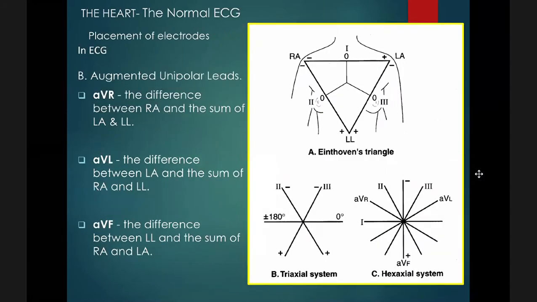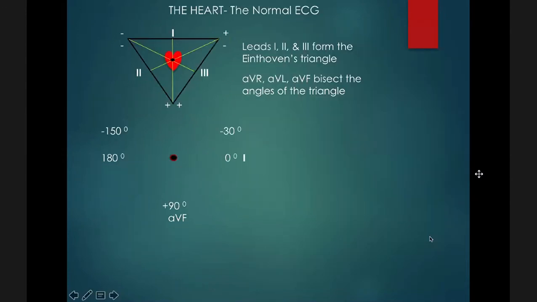All right. So for the augmented leads, when we say AVR, that's the difference between the left arm and left leg to the right arm. The same goes for AVL and AVF. And so we are able to produce this hexaxial system.